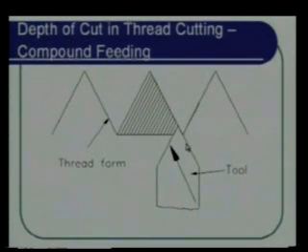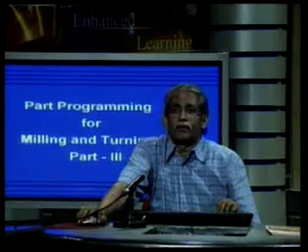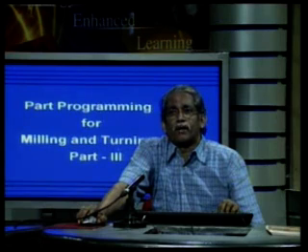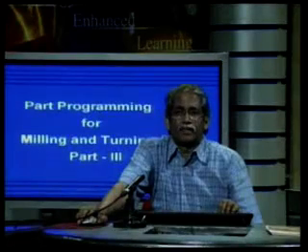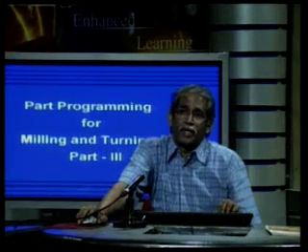But the only thing is, because compound feeding is moving along the thread, we will have to take the thread angle into calculation when you want to program the next point. So that will be a little additional calculation that is to be used in the case of compound feeding. That's why sometimes people will prefer to use plunge feeding unless the surface finish becomes an important element.